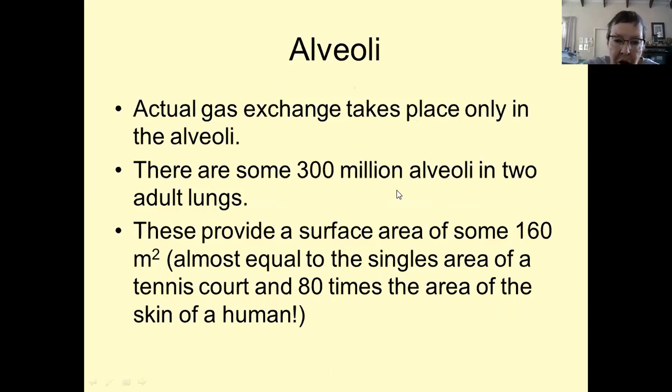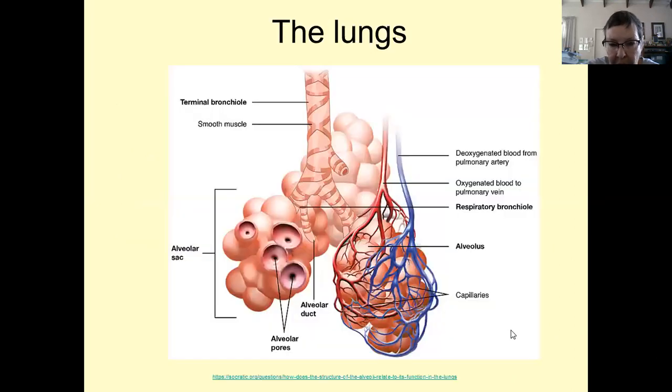There are about 300 million alveoli in the two adult lungs, which provide a surface area of about 160 square meters. So almost equal to the singles area of a tennis court and about 80 times the area of the skin of a human. And you don't have to know that. It's just to give you an idea of how big they are.